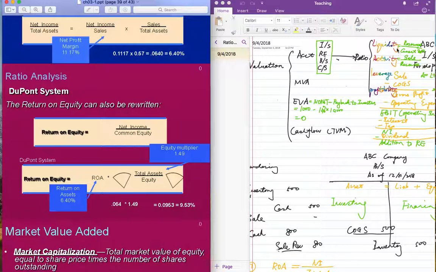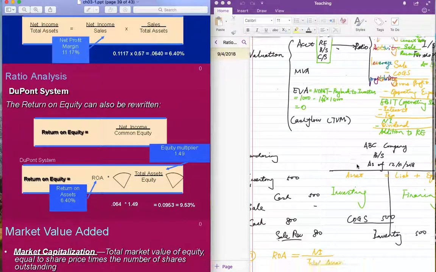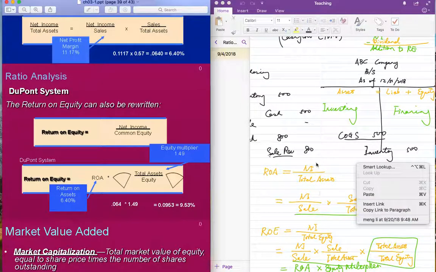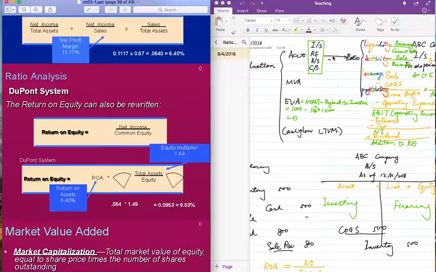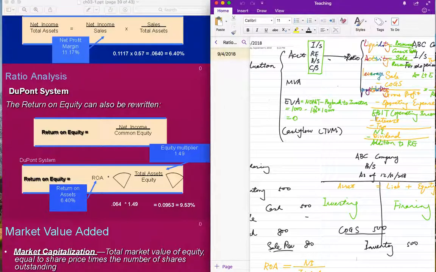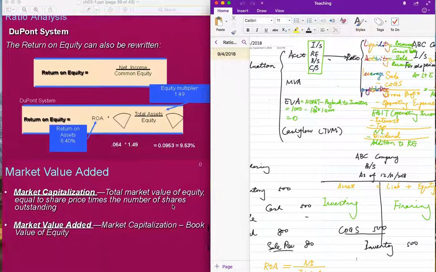Four categories, and in the end we summarize into two very important formulas. The DuPont system helps the CFO identify the weakness and the strength of the firm, and lay out strategies to improve the productivity. Okay, now we move on to market value added.